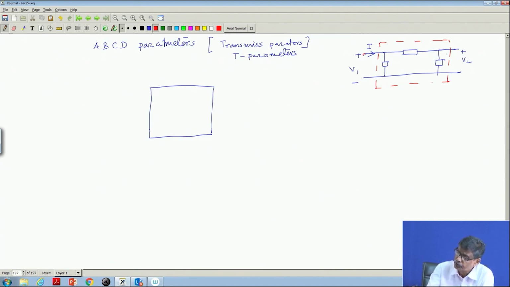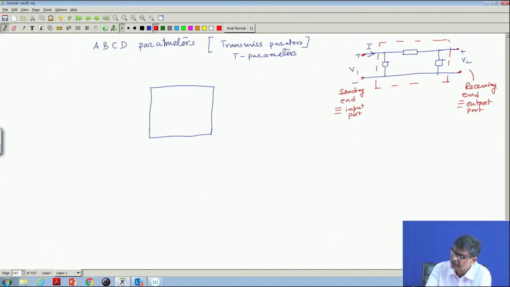Now, these two are the input port, the sending end, and these two are the receiving end port, the output port.